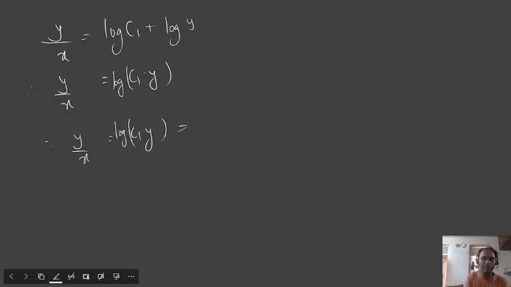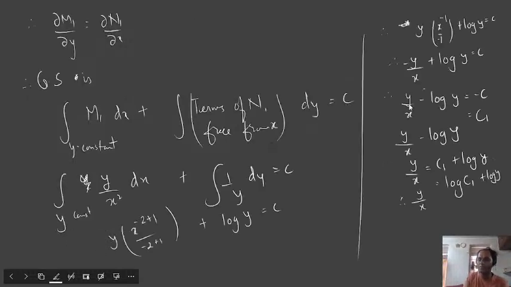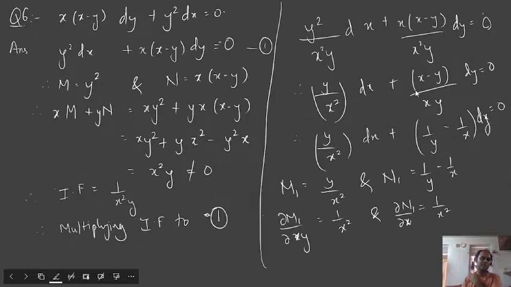So what you do with this log is e raised to y by x is c1 y or some constant. So this is your answer. You can keep this answer or this one also, both are correct, nothing is wrong in that. Just be very careful with this kind of questions, because I feel these questions are good, but if you have an elementary method you are comfortable with, then you can go with that method also.